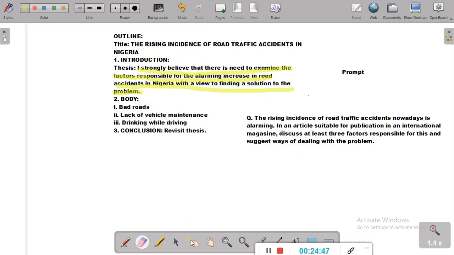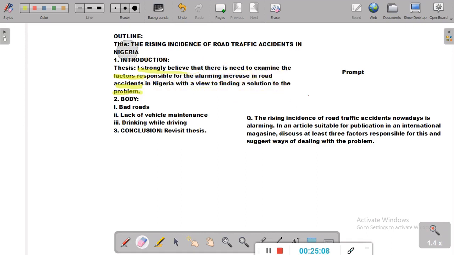We arrived at our thesis by looking at the prompt. What is the prompt? The prompt is within the question that we have been asked, the assignment we have been given. So we get the prompt from there. All right, so that is exactly how to do it.